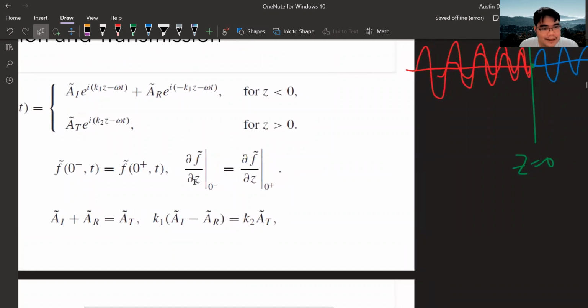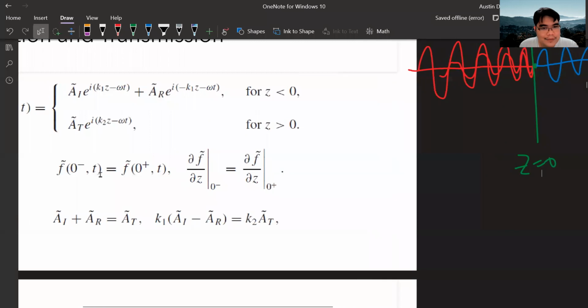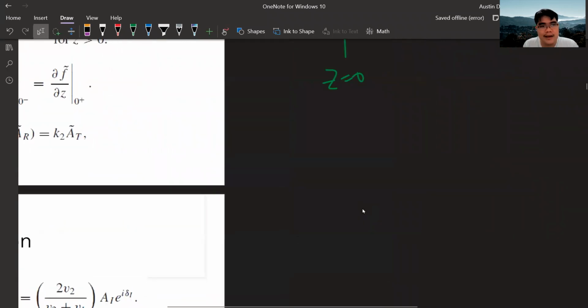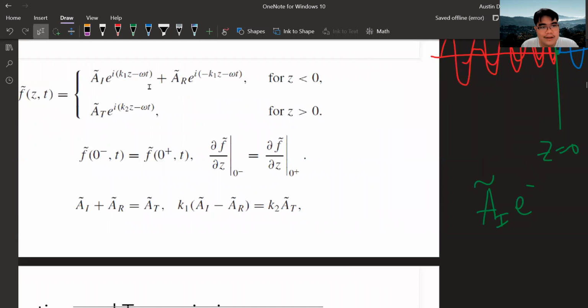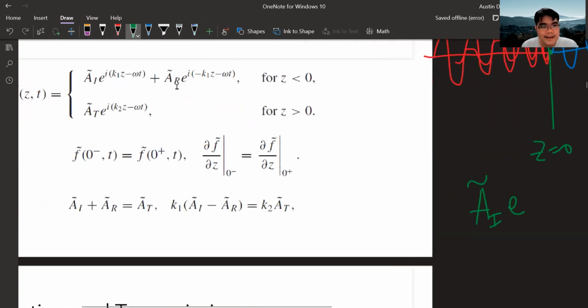So, you have this. Try natin, no? So, lagay natin yung dapat at z is equal to 0, equal dapat yung mga terms. So, you have AI. Sulat natin AI, e raised to, 0 na yung z mo, sorry, but naglagay ako ng negative sign. 0 na yung mga z mo.